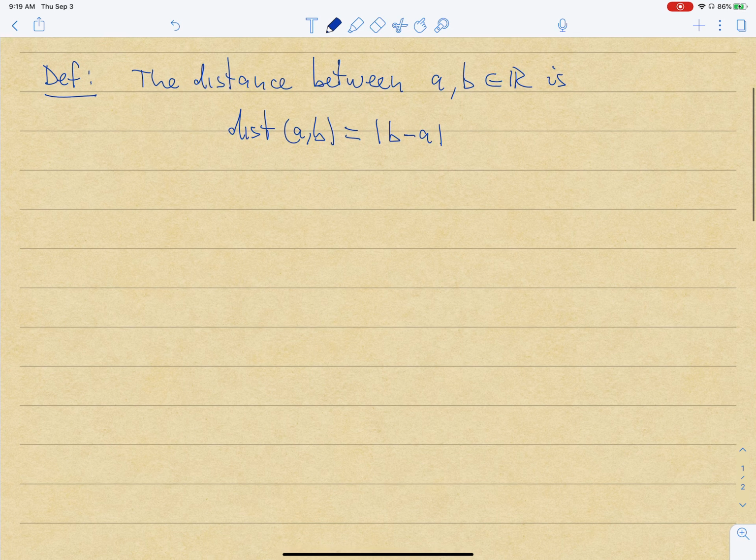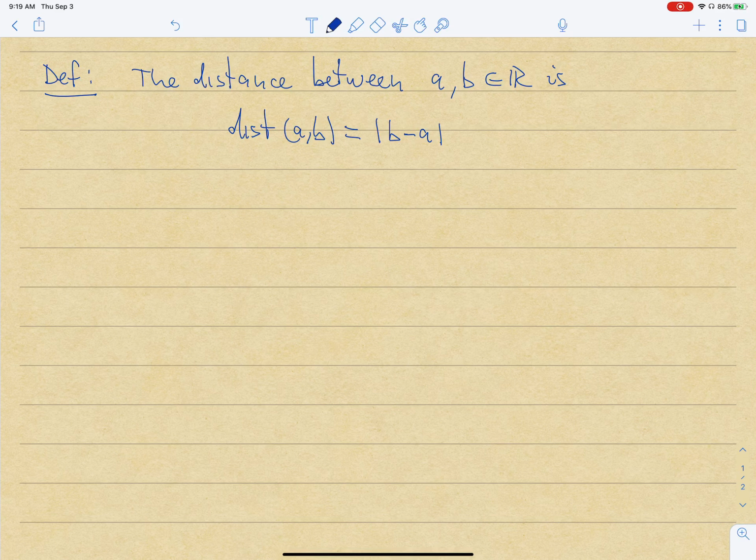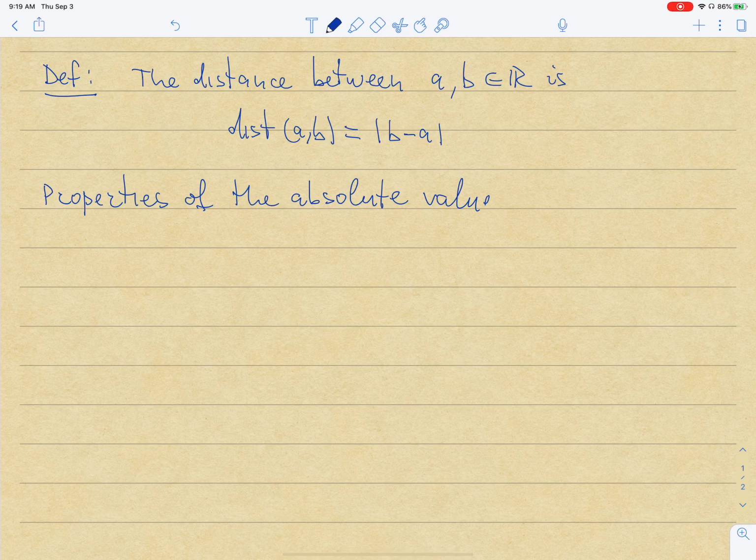Okay, so with absolute value and distance defined in this way, let's talk about properties of the absolute value. And we're going to summarize them in the following theorem. So, theorem.